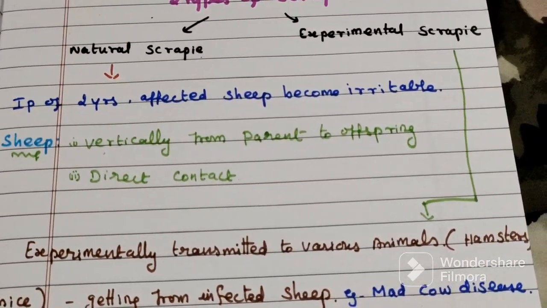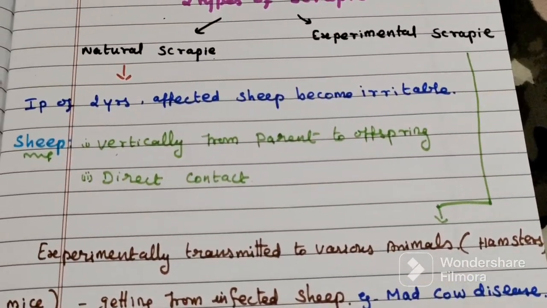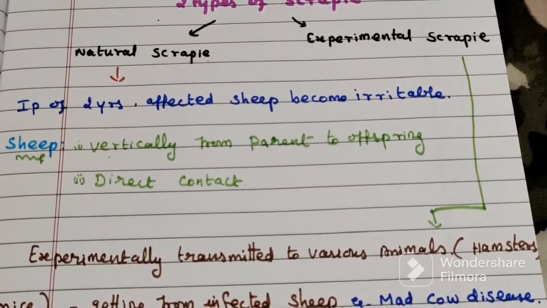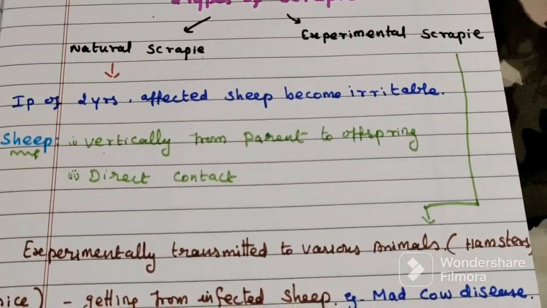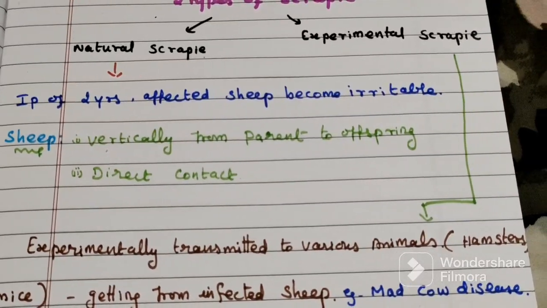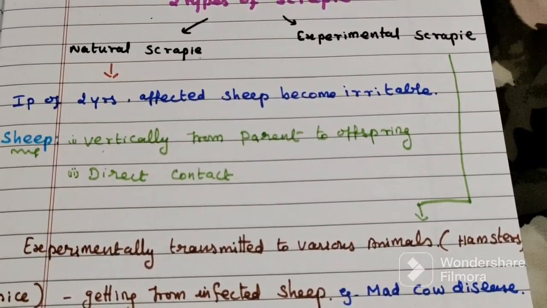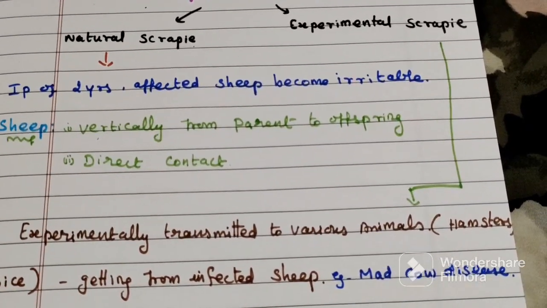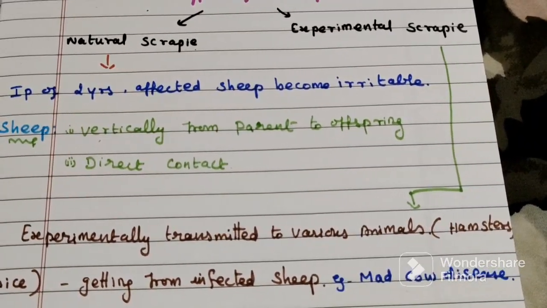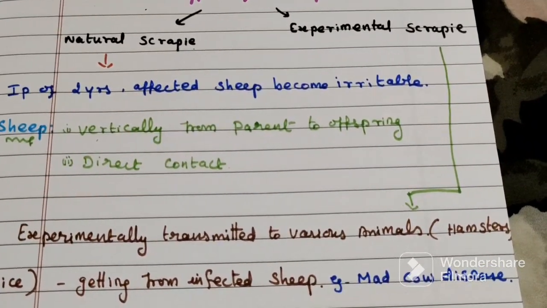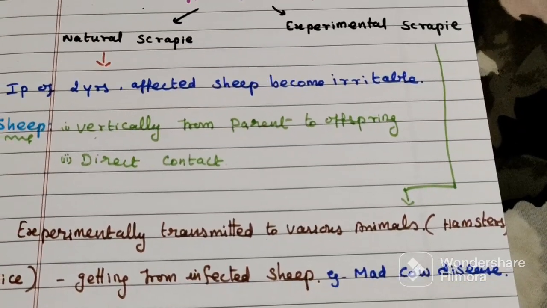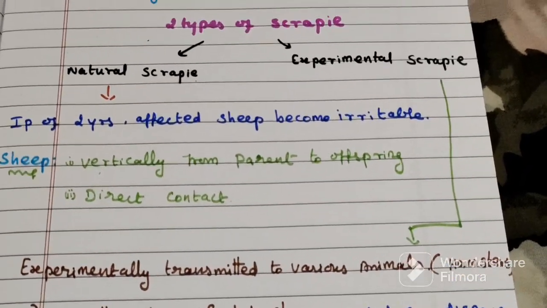After 2 years of incubation, the affected sheep develop intense scraping of themselves against trees and rocks, so the name Scrapie. Finally, it causes paralysis and death.